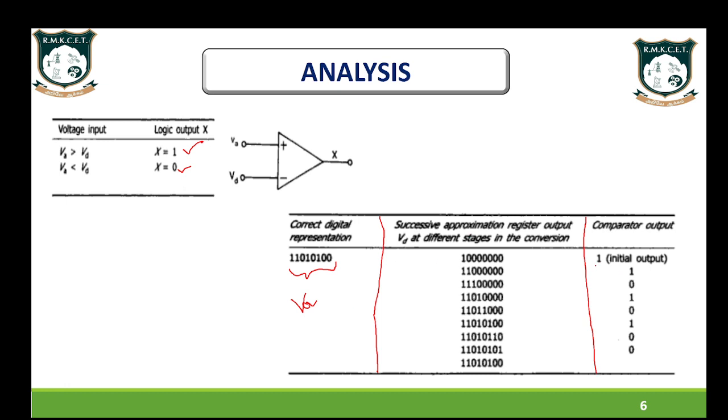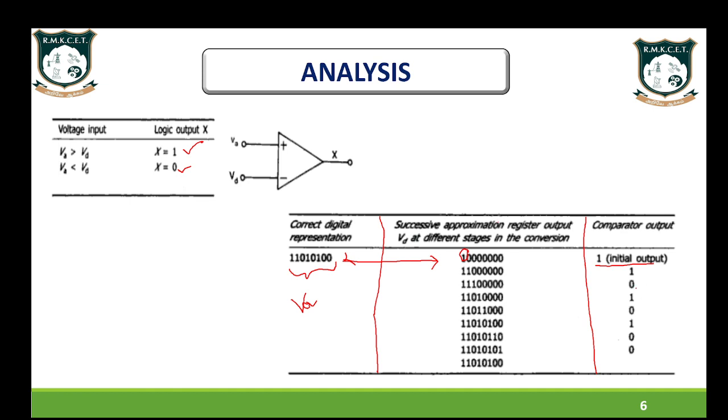First, my MSB is turned to 1. The MSB of that 8-bit value is turned 1, and we compare the analog input voltage and VD. So we convert this into a decimal number and compare VA and VD. If my VA is less than VD, my X is equal to 0. If my VA is greater than VD, my X is equal to 1.